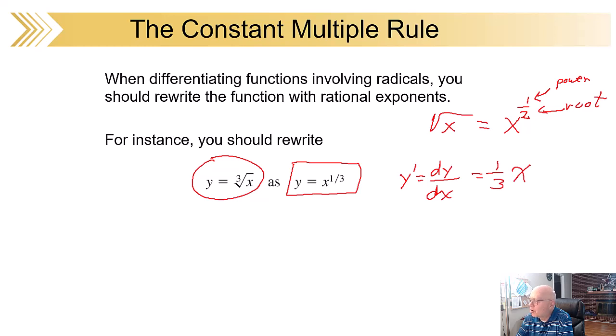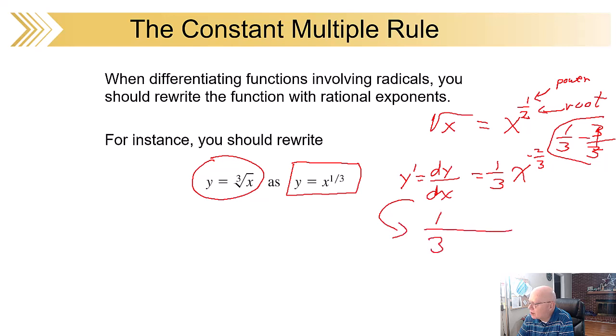So you bring the 1/3 out front, x to what power? All right, how good are you with fractions? So sneak off here. What's 1/3? What am I going to do with that? Subtract 1. What's 1? 3 over 3. What do I get? Minus 2/3. Did you get that? I hope so. So let's simplify that. We've got 3 on the bottom, 1 on the top. Since we've got a negative exponent, that means x to the 2/3 down here.